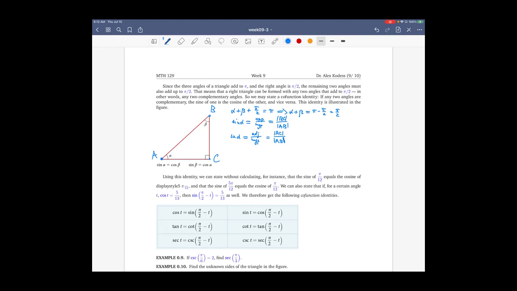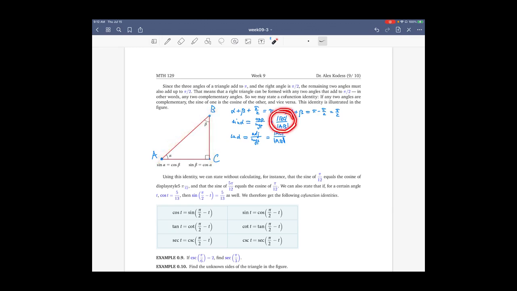But if I now look at these two ratios from the point of view of beta, for beta, if you are now looking at this situation from this perspective, what is BC over AB? BC over AB is adjacent leg over the hypotenuse. That's by definition cosine.